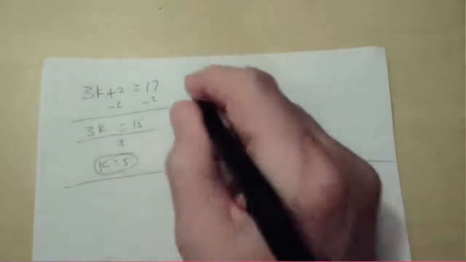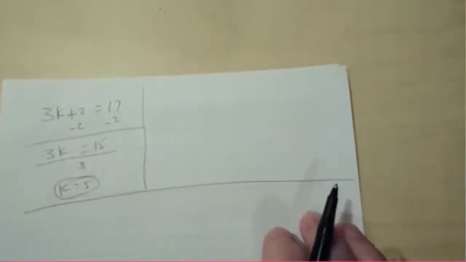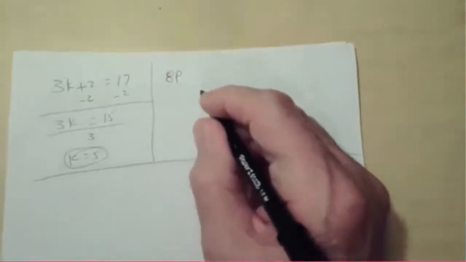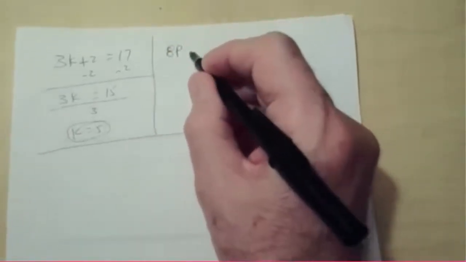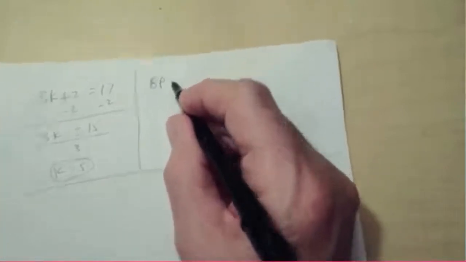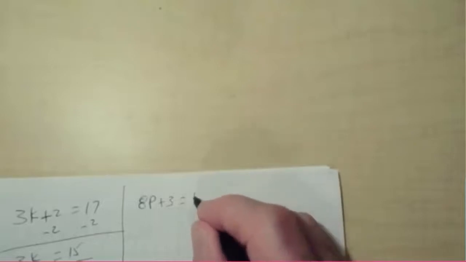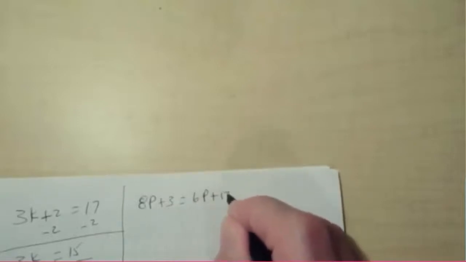Okay, now what if we have variables on both sides of the equation? What if we have this? 8p plus 3 equals 6p plus 13.